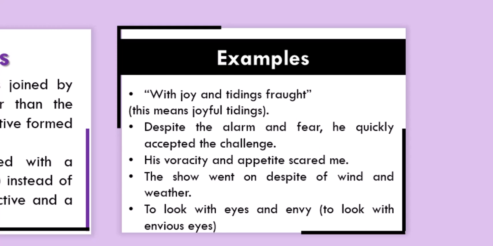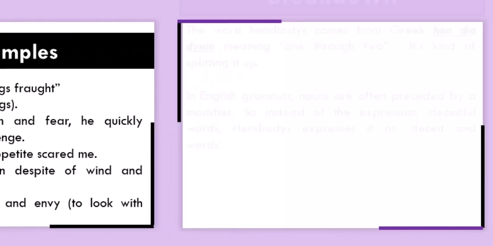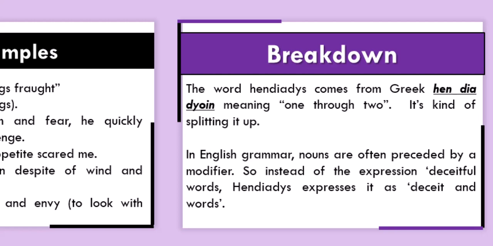The show went on despite wind and weather. It should have been despite windy weather. To look with eyes and envy. This should have been to look with envious eyes. So to break it down, the word hendiadys comes from the Greek hen dia dyoin, meaning one through two. It's a kind of splitting it up.